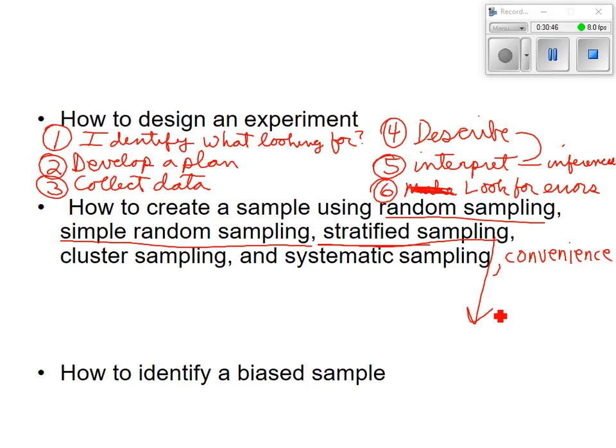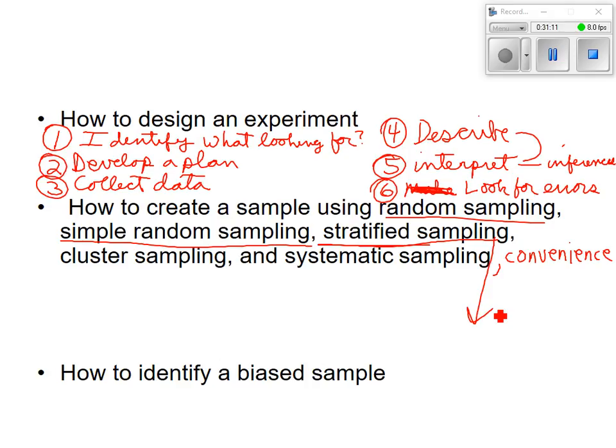So with stratified, what you want to do, if I was going to do National Trail, how would I do a stratified? What would I have to make sure that I have? Can I just go out and pick people? It's not going to work that way, right? What is the school split up into?